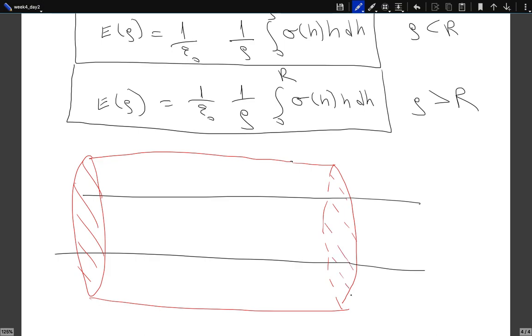I need to evaluate the total charge inside. So what do we do? Just like before, we imagine smaller cylinders inside. So I take a cylinder over here with some thickness.